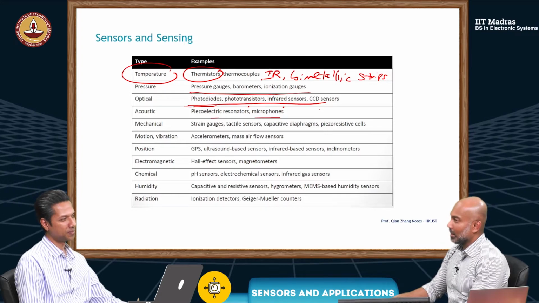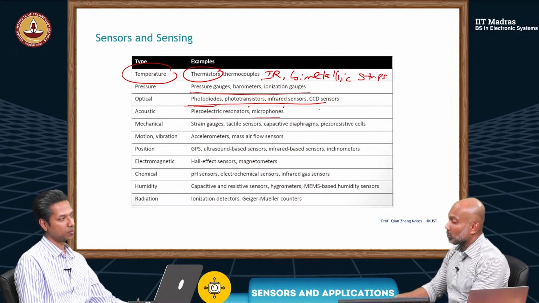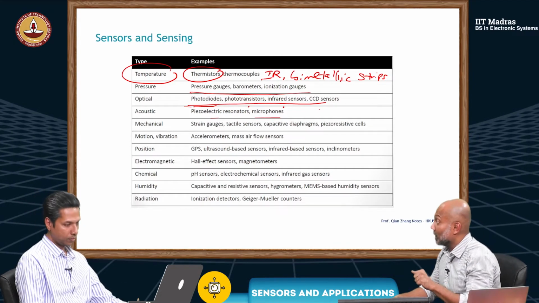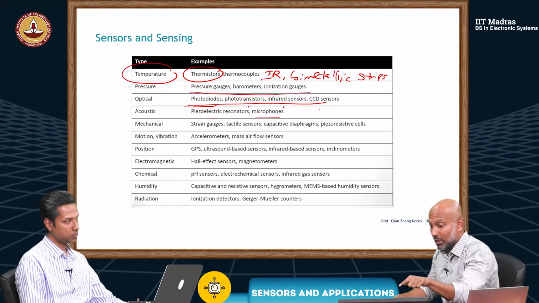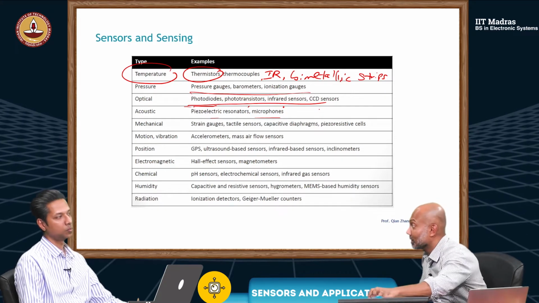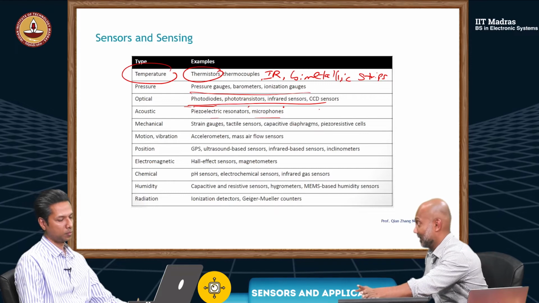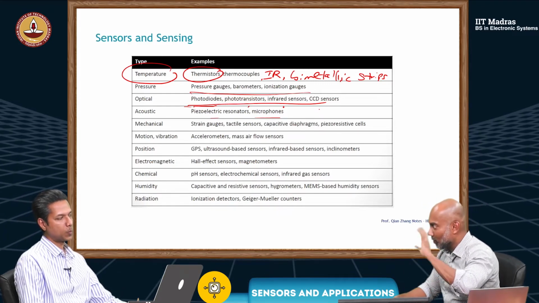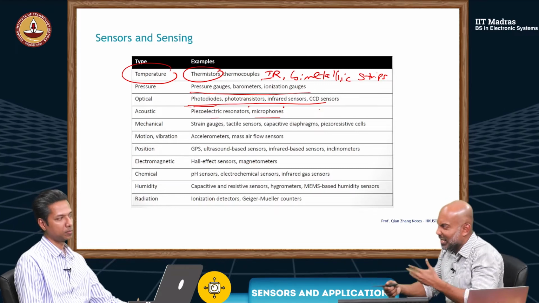In this course we'll probably teach most of the basic concepts or basic principles to measure with these different types of sensors, but you don't necessarily have to know all the different examples. The principles should give you an idea of how it should work.